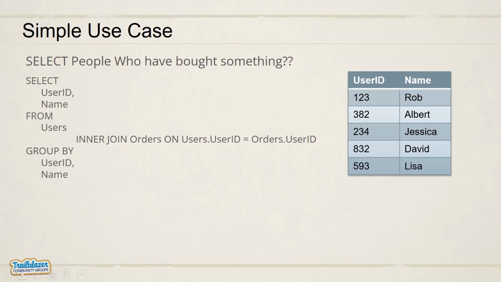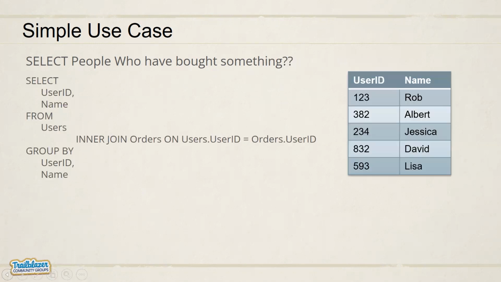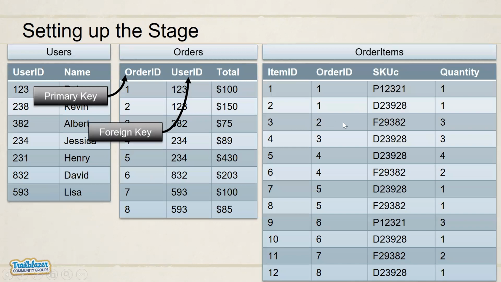Okay, let's do one more use case. Select people who have bought not just something, but more than 3 items. That is where I didn't think about this, that I have to go multiple times back. You have to know the quantity.